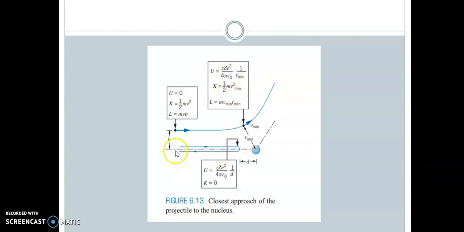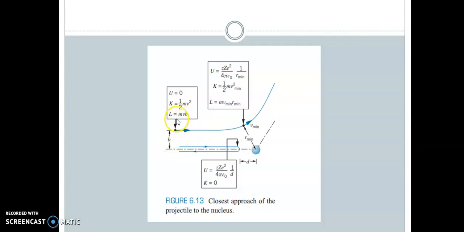So we assume that this occurs at an impact parameter B. Angular momentum is also conserved in this case. Away from the nucleus, the angular momentum L, which is r cross p, is r cross mv. Here the perpendicular distance is b, so p and r are perpendicular, and mvr sin theta is mvr.